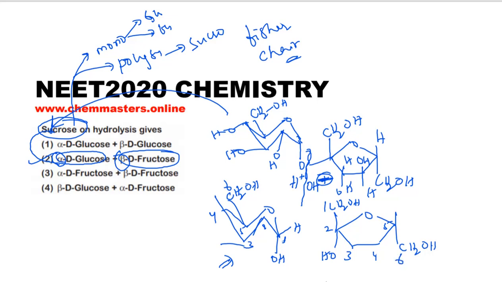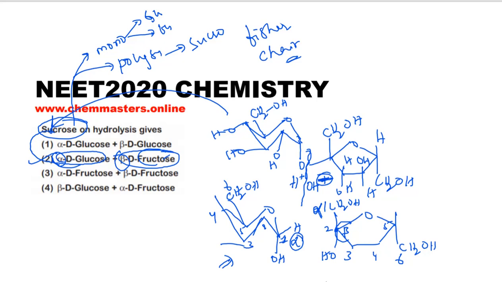Now the first carbon on glucose is considered as the alpha carbon. And just look at fructose. The alpha carbon is this one and the beta carbon is this one. That's why we are saying alpha D glucose and beta D fructose.